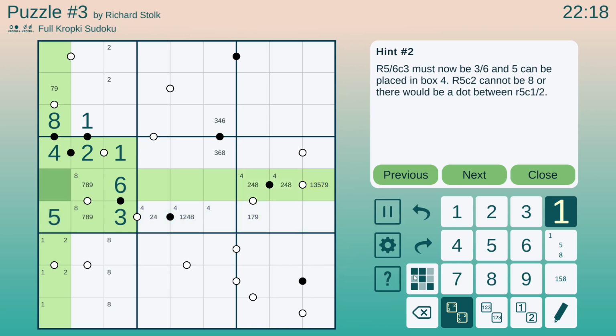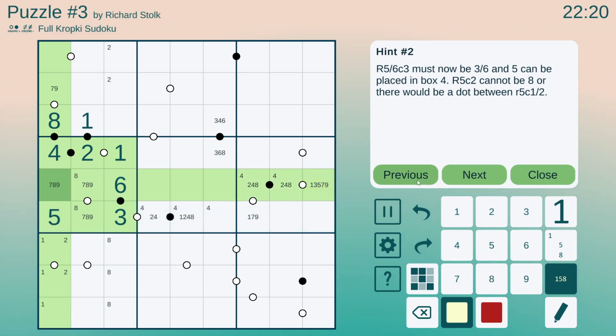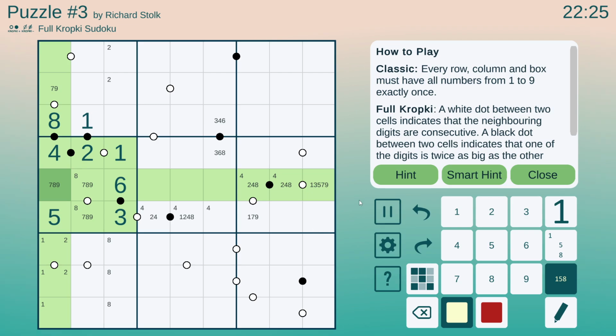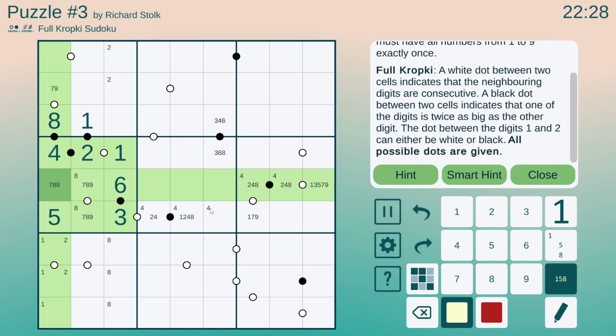And now we have 7, 8, 9 left. Wait, let's just go back to the rules, I guess. 7, 8, and 9. Oh, and 7 can't be next to this. Can I finish that? I don't know. Does the 5 do anything? Not really.